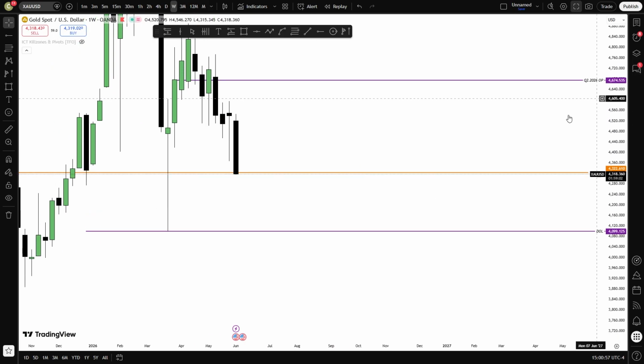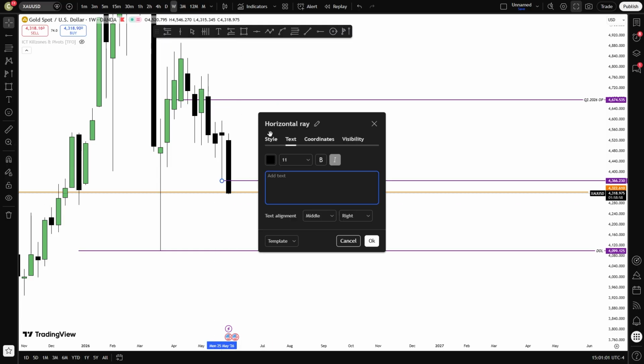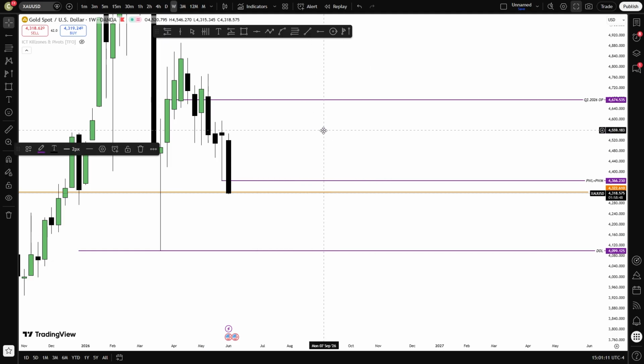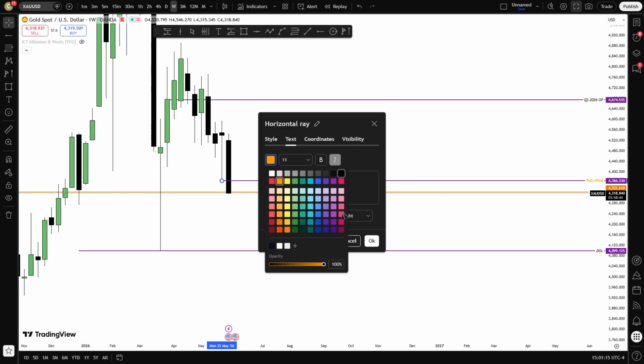So this is previous weekly low plus previous monthly low. Orange.